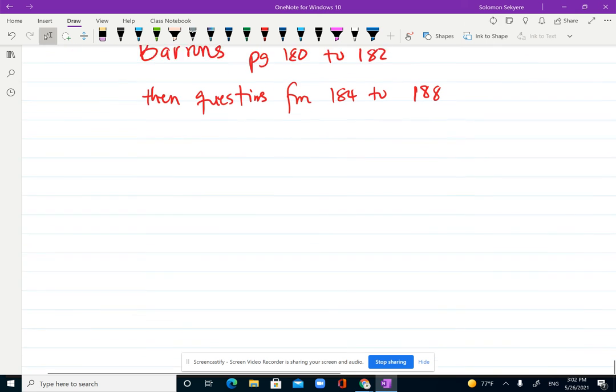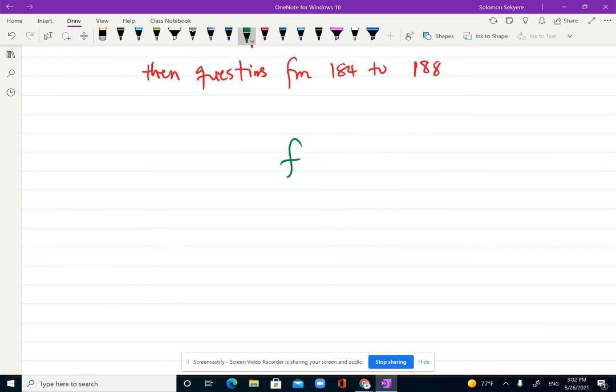Okay, and one more thing. If you have, let's say, f of x equals the square root of, let's say, 3 minus x, and I ask you to find the domain. Remember, we cannot find the square root of a negative number, I mean, in the real number system. So sorry, let me do this function again.